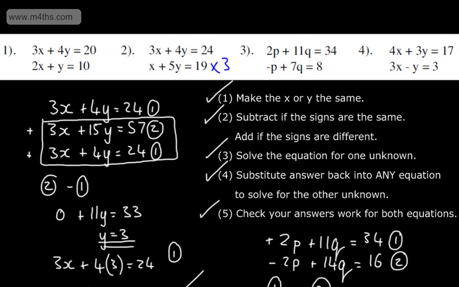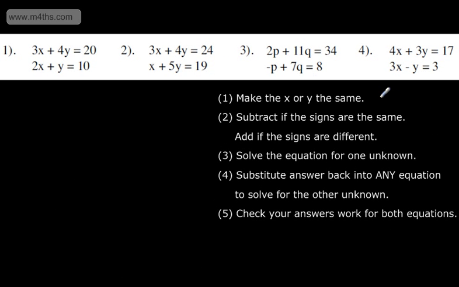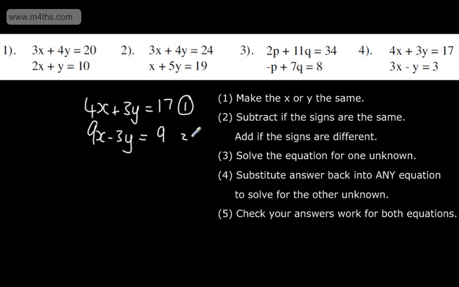Okay, this one here, let's just do this one quickly. This one, I would multiply the second equation by 3. That would now allow me to add the equations and eliminate y from them. So quickly looking at that, 4x plus 3y is equal to 17. That's equation 1. 9x minus 3y is equal to 9 becomes equation 2.